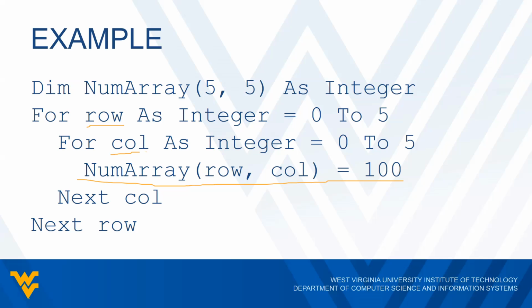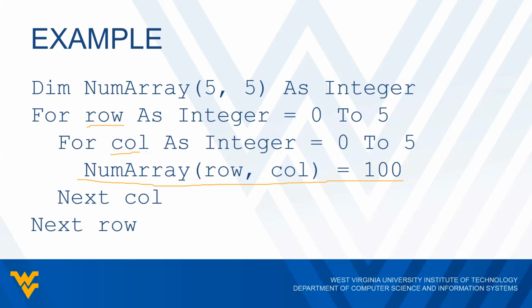The next iteration, well, we're done with the inner for loop, so that means we're now going to do the next iteration of the outer for loop, which means row is going to become 1. And then we repeat all the steps for the inner for loop. So now we're going to set num_array 1, 0, 1, 1, 1, 2, 1, 3, 1, 4, 1, 5, all to 100. So then we would increment our row variable again and set that to 2.